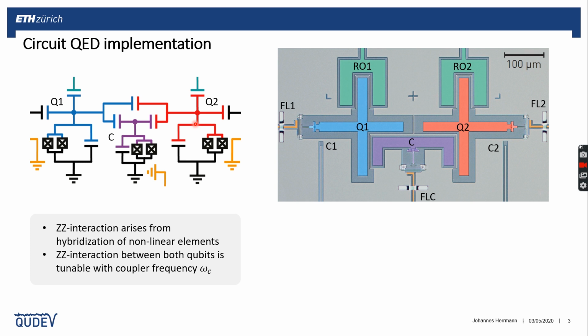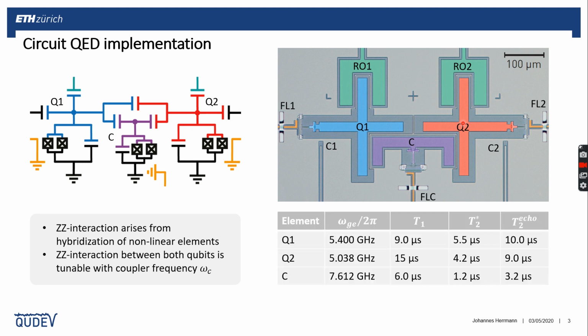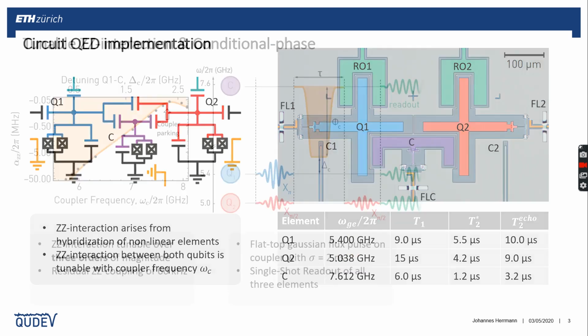And in order to make things tunable, we have to add this frequency tunable element here, which makes the effective coupling between the qubits tunable, and also with this, the ZZ coupling strength. And we can look at the device parameters and see that the qubits are roughly parked around 5 gigahertz with a detuning of 400 megahertz, which is larger than the anharmonicity, and the coupler is parked more than 2 gigahertz above in the idle position of our gate.